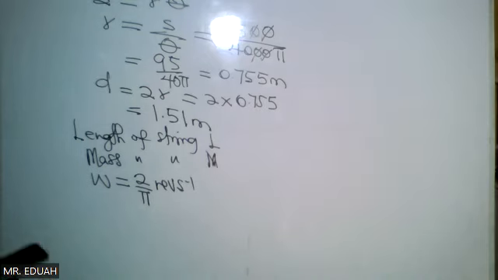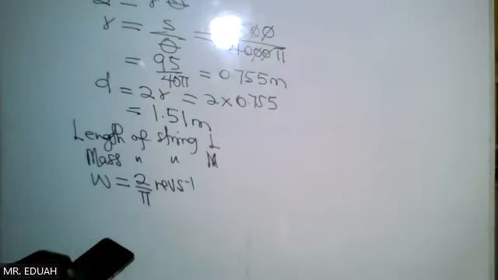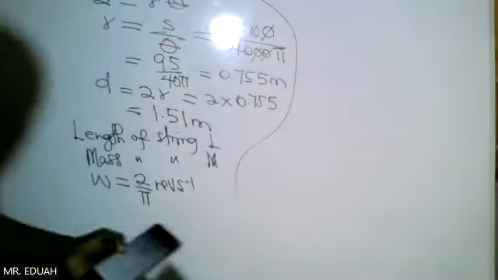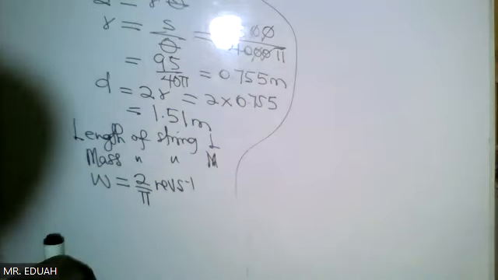Then the tension in the string. We have to determine the tension in the string. This is a typical example of a conical pendulum. The diagram shows a conical pendulum.